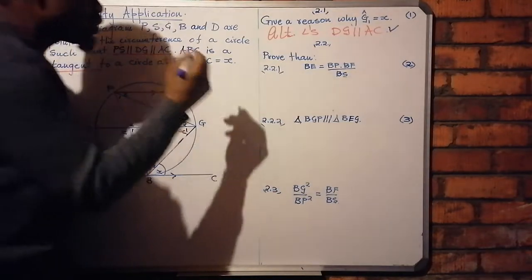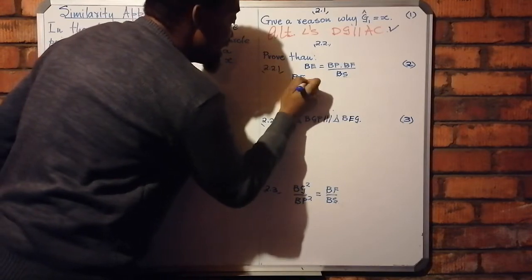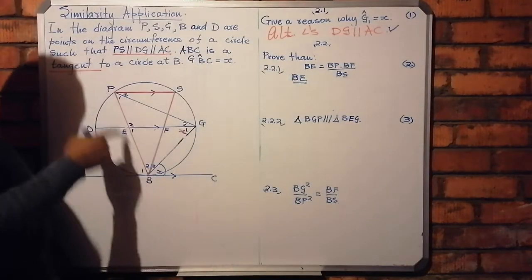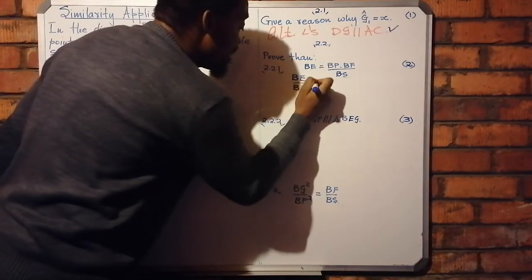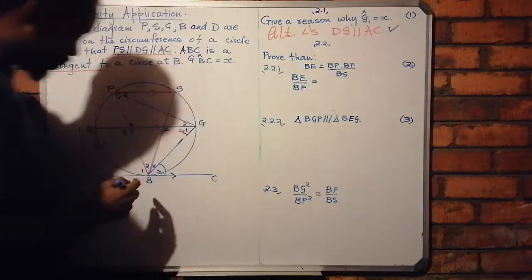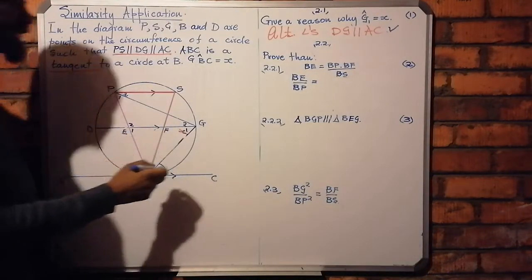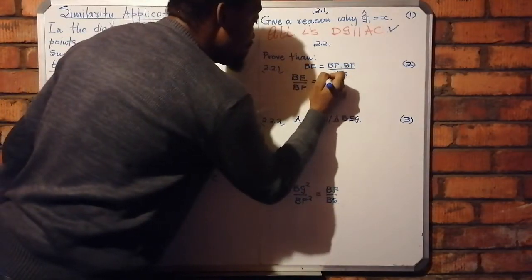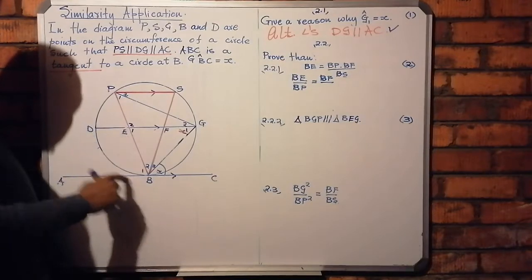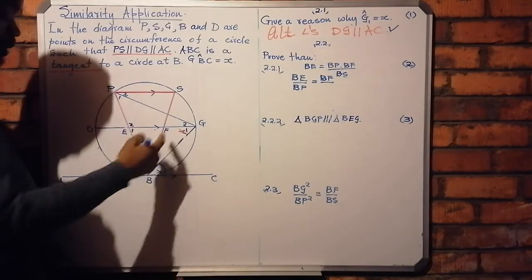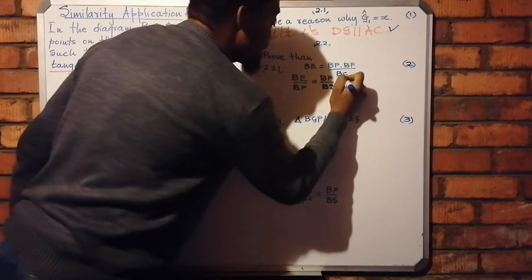And how am I going to do that? I'm just going to say BE divided by BP, because there's BP there, is in the same proportion as BF divided by BS.